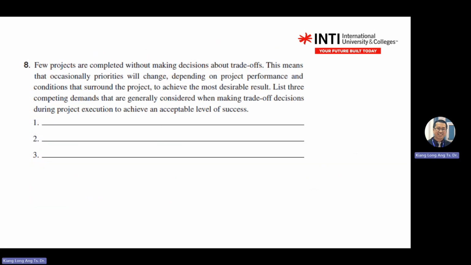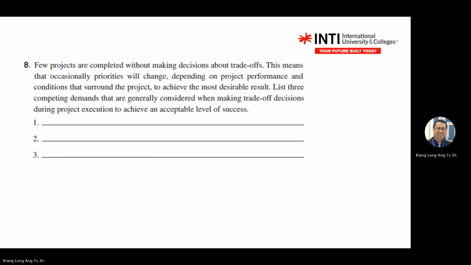Okay, few project completed. This one is about trade-off. Trade-off means you give priority depending on the situation. List 3 competing demands. Yesterday we also mentioned competing demands already. There are 5 or 6 competing demands in the previous chapter 1 question.